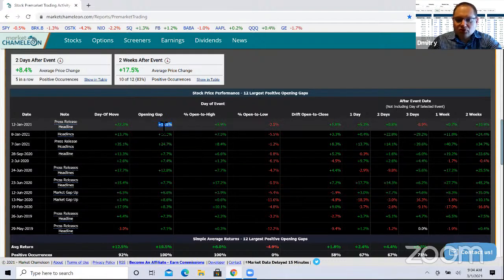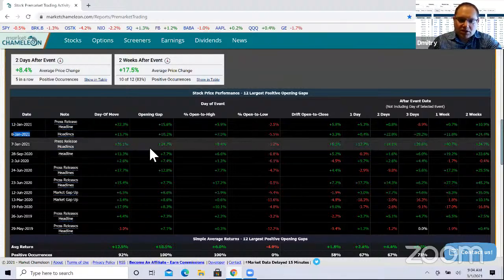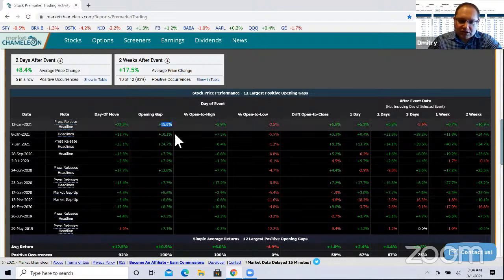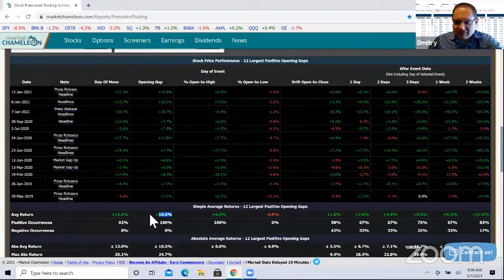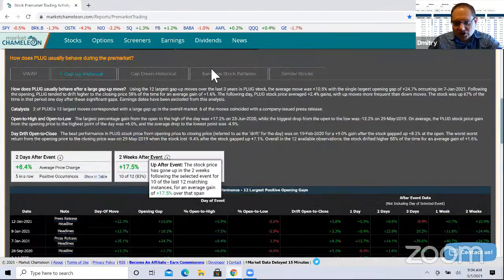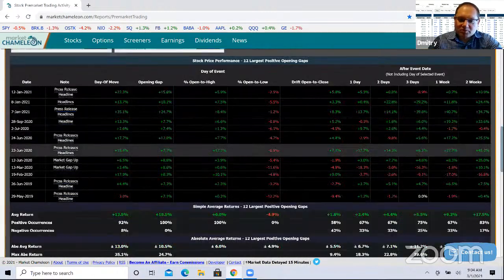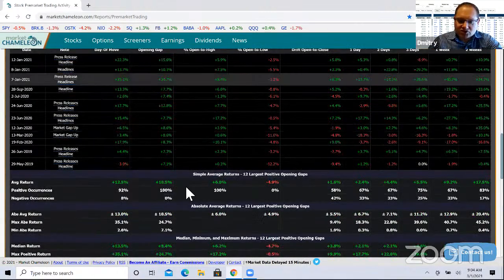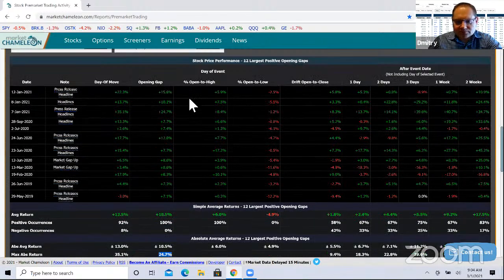You can see 15.6% January 12th, 10.1% gap up January 8th, and so on. If we take the average of the 12 largest gap moves, we got about 10.5%, and today we're at 8.5%, a little bit below the average, but in that range. It ranged from 7% to 24.7%.